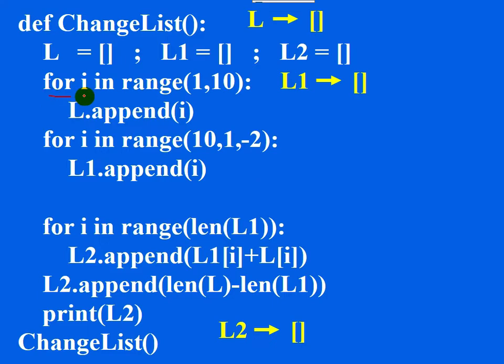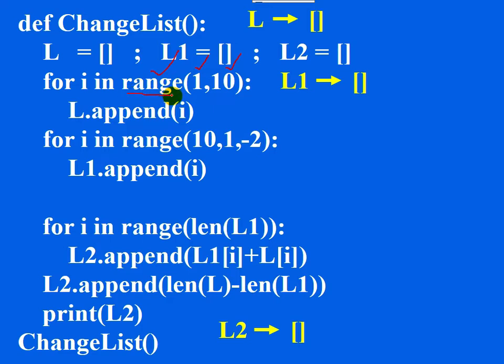Now for loop, for I in range 1, 10. Range function returns all the integers starting with the index 1, ending with the index 10 minus 1, 9, in steps of 1. The third index is missing, so step number is 1. You can say the same statement in another way.